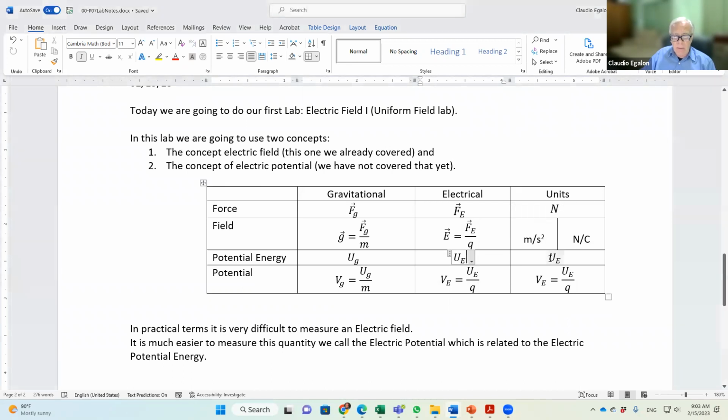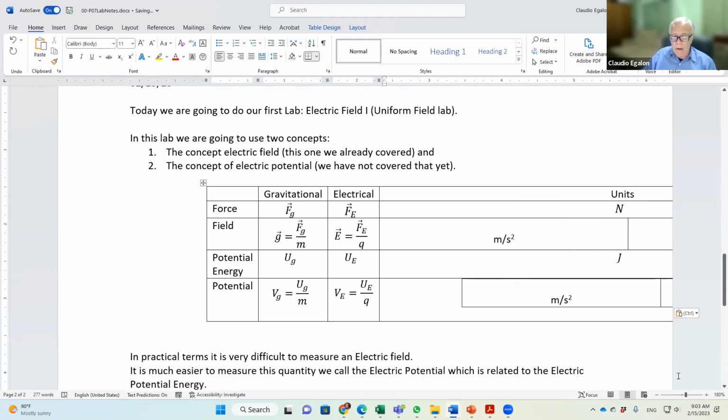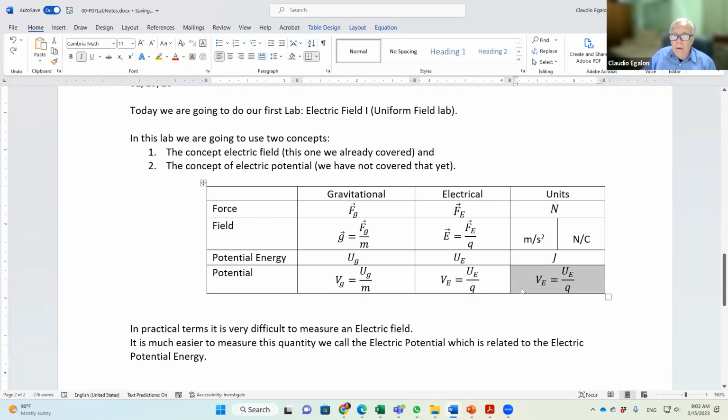In the case of the potential energy, it doesn't matter if it is a gravitational quantity or an electrical quantity, the unit is going to be joules for both of them. What changes is the case for electric potential.